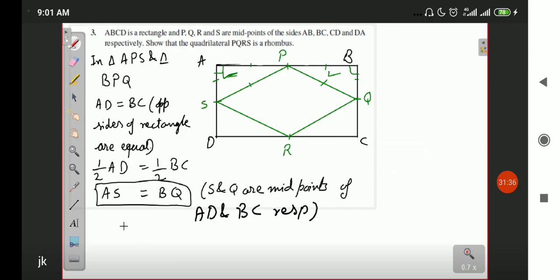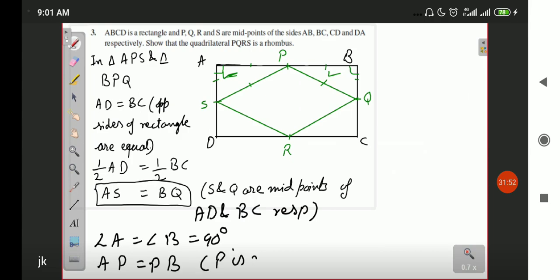This is the first thing. Next, angle A is equal to angle B is equal to 90 degrees. All the interior angles of a rectangle are right angles. And lastly, we have AP equal to PB because P is the midpoint of AB.